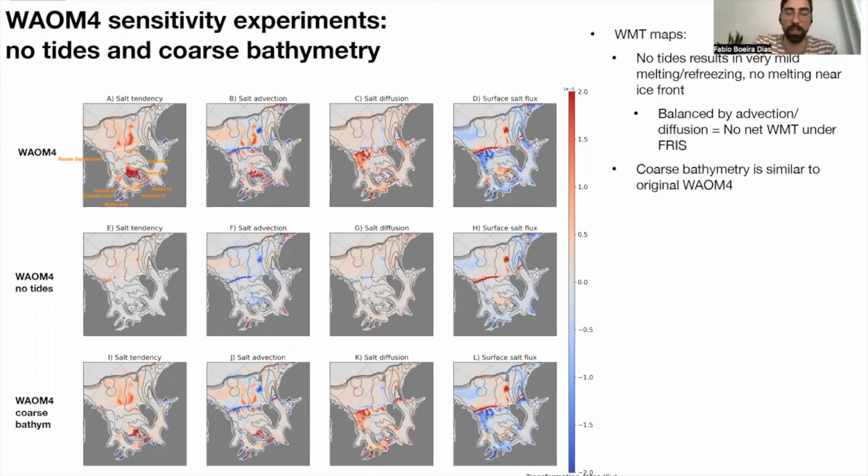Basically, the coarse bathymetry doesn't impact the water mass transformation rates under the Filchner ice shelf much, but the exclusion of the tidal forcing substantially decreases the water mass transformation rates associated with the surface salt flux. It still has a similar pattern of melting near the grounding line and refreezing at the central part of the cavity, but they are much weaker than what you observe when you include tides.